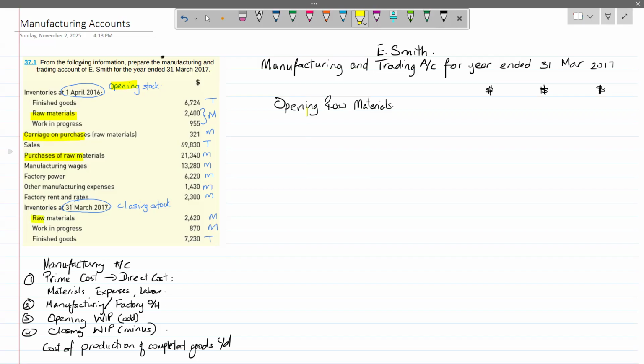The other thing pertaining to raw materials is your closing raw materials. So we'll put our opening raw materials here, and then we will put our purchases of raw materials.